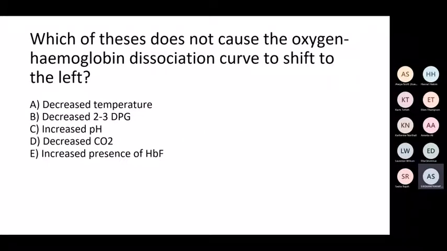Which of these does not cause the oxygen hemoglobin dissociation curve to shift to the left? So I'll give another 30 seconds.